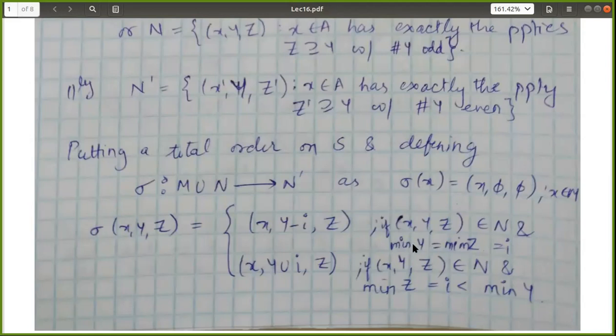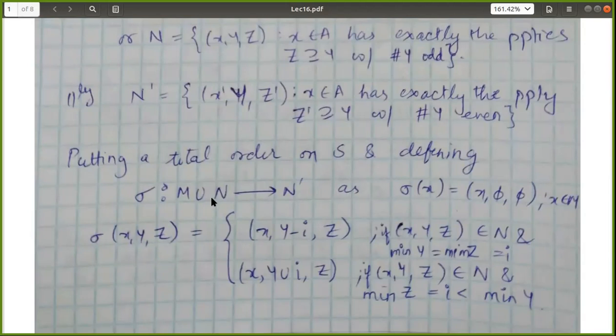So when the min happens to be the same, you take this min off from your set y. And remember, the elements that are there in N, for these, the cardinality of y is odd. Here, you see? Okay, so when you have done the removal of one element from y, the cardinality of y has changed its parity.